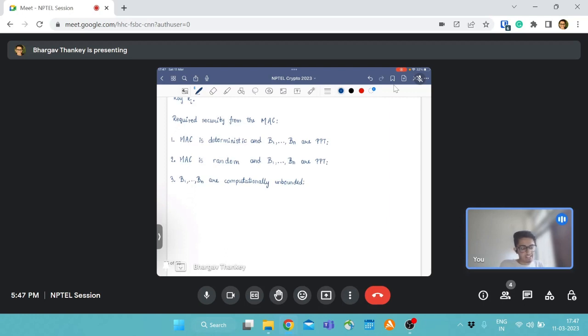Well, since the adversaries are PPT and the MAC is deterministic, a CMA secure MAC would suffice. In the second case, since the MAC is random, we need SCMA security. In the third case, since the adversaries are computationally unbounded, we need information theoretic security.